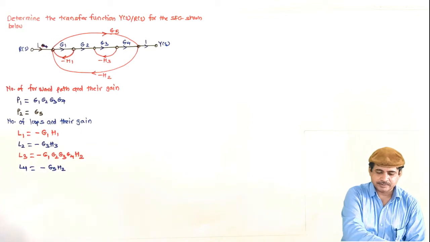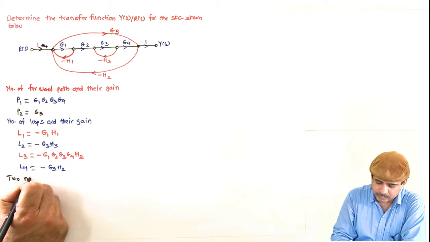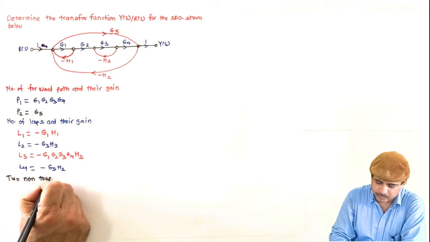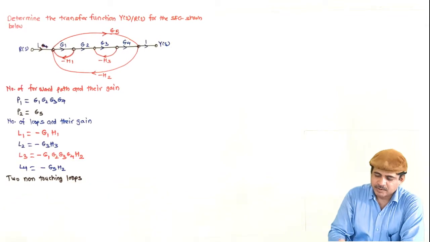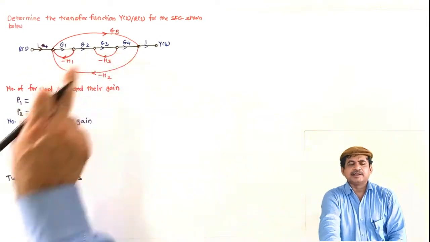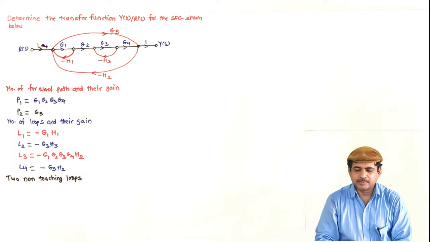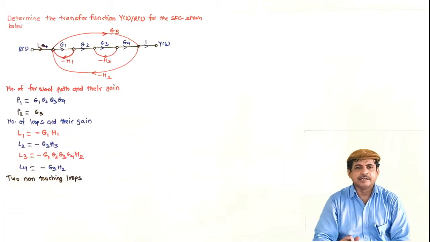Then the next step is two non-touching loops. There is a simple idea as well. Yes, we can identify it from the graph, but even from this it can be done.